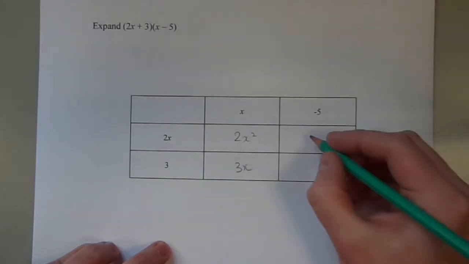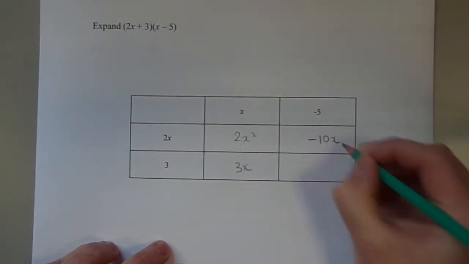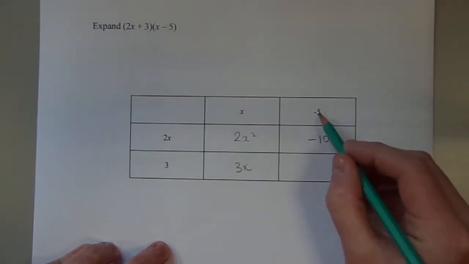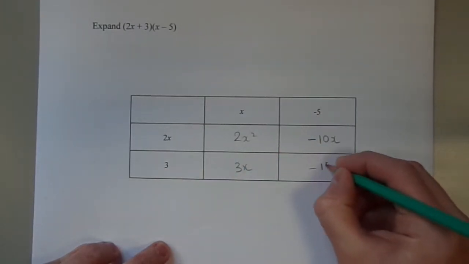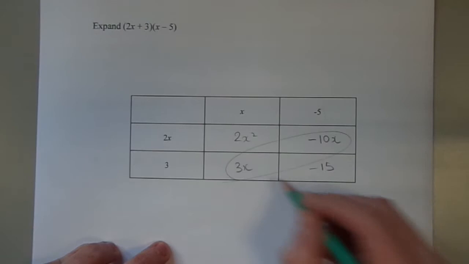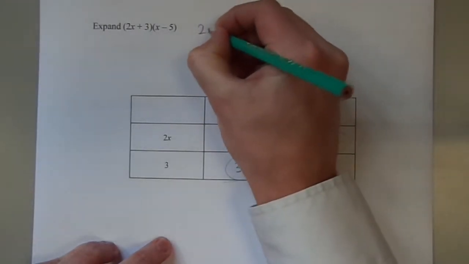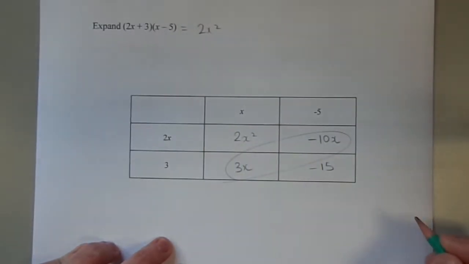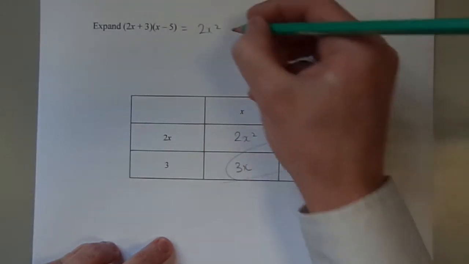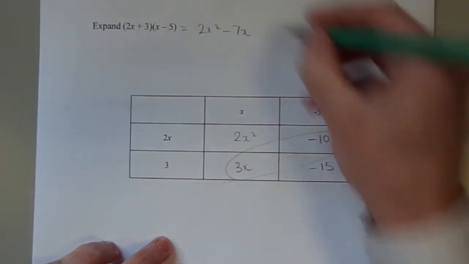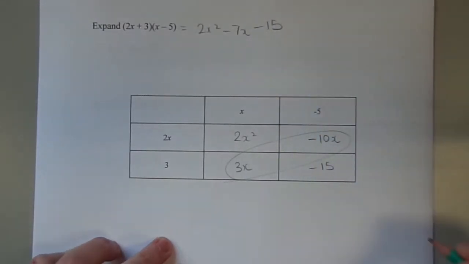Minus 5 times by 2x is minus 10x. And minus 5 times by positive 3 is negative 15. Again, these two x terms can be collected together. This is equal to 2x squared, 3x minus 10x is minus 7x, minus 15 on the end.